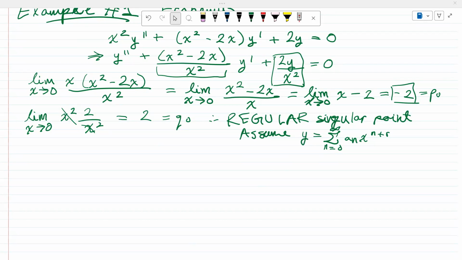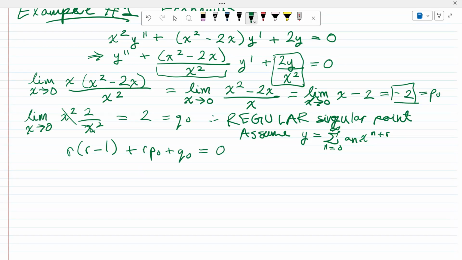Okay, so now we can assume that that will be our general solution. And before we go any further, we need to find the roots using the indicial equation. So we have r times (r minus 1) plus r p naught plus q naught is equal to 0.